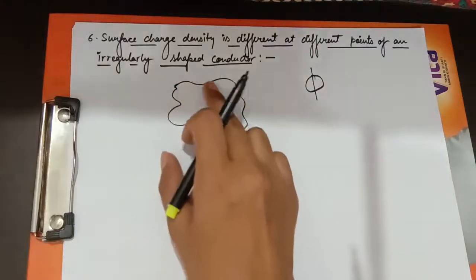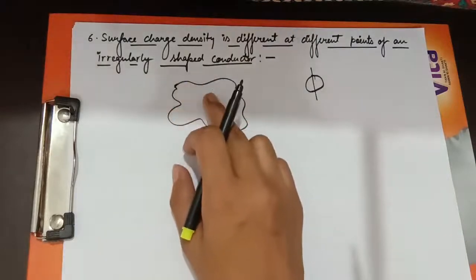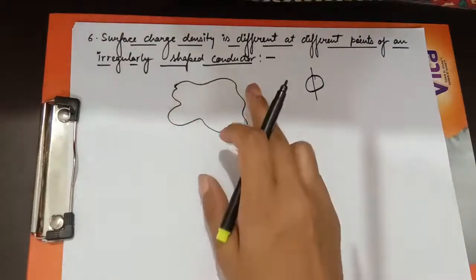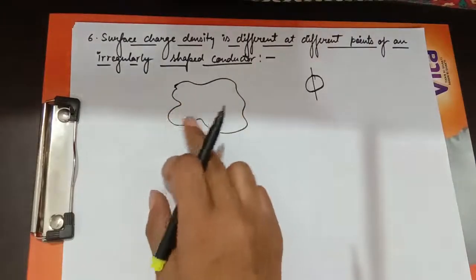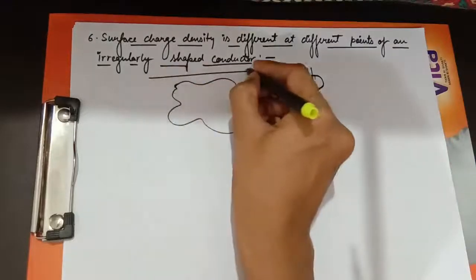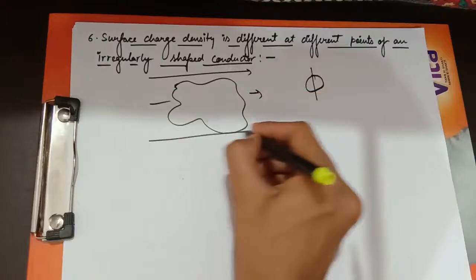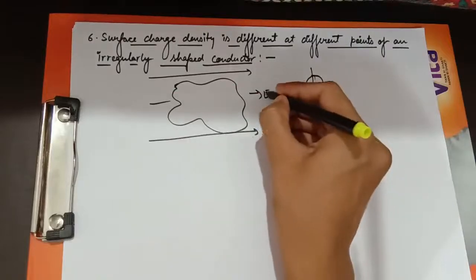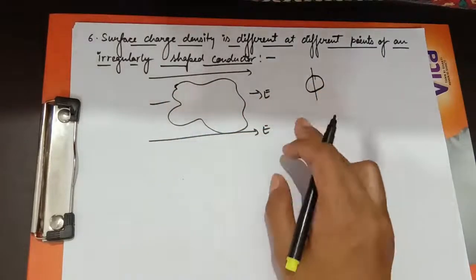Like this is a kind of irregular shape. So when an irregular shaped conductor is placed in an external field, suppose this is your external field, and I place the irregular shaped conductor in the external electric field.